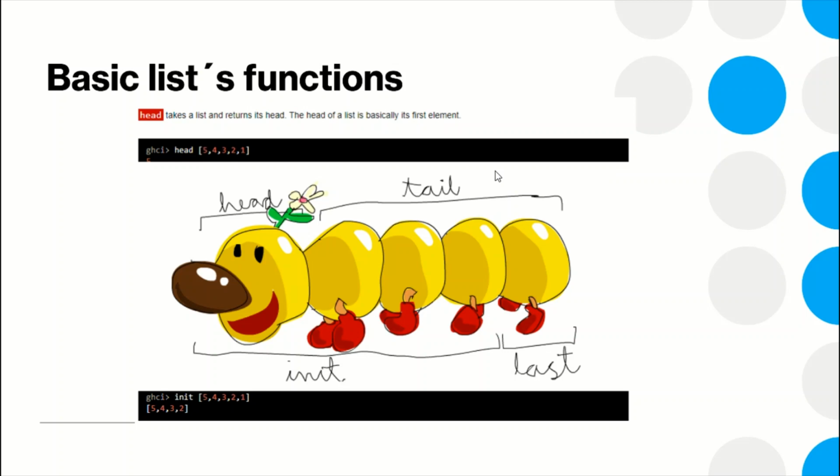And so we have a funny image that gives a graphic explanation of how Haskell manages the list. So we have the head, the tail, the init, and the last. This is an image that can explain the functionality of the functions that I explained.